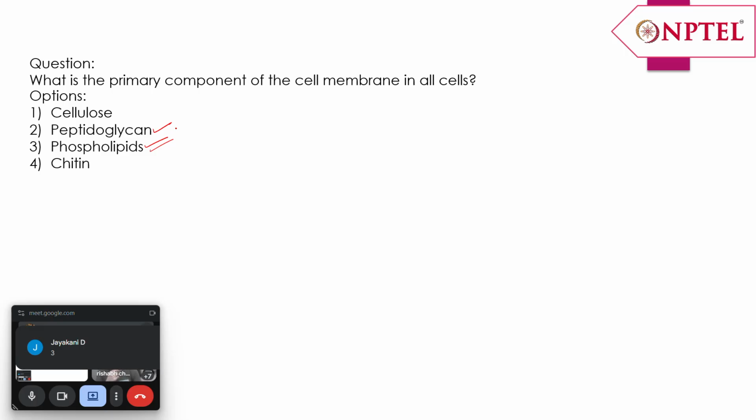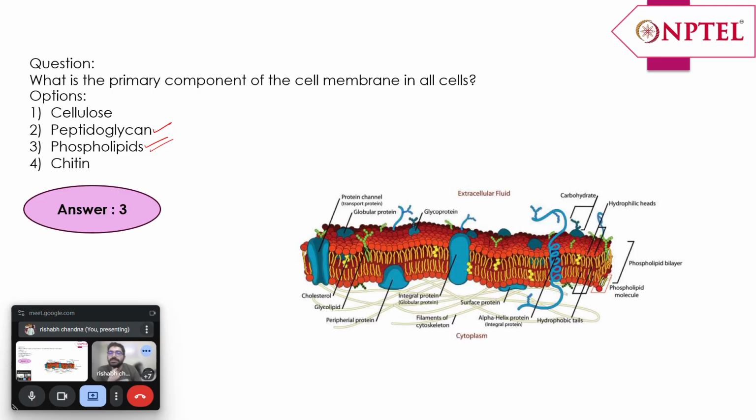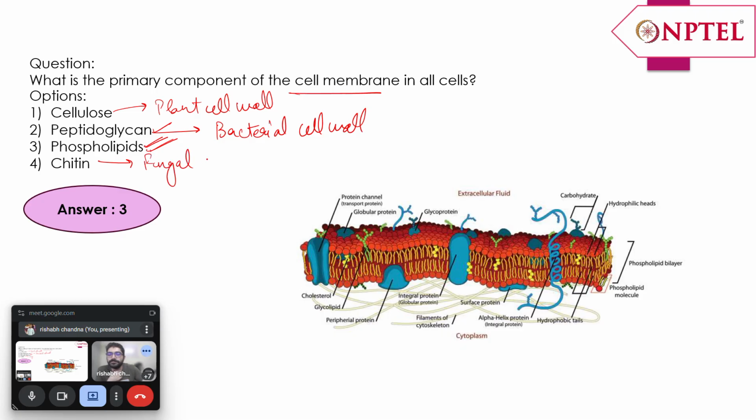Yes, the correct answer is option 3, that is phospholipids. The major component of the cell membrane is phospholipids. Cellulose is a part of the plant cell wall. Peptidoglycan is a part of the bacterial cell wall, and chitin is a part of the fungal cell wall.